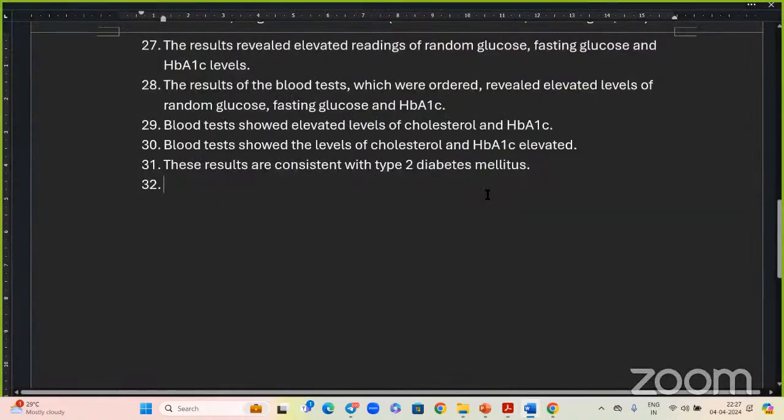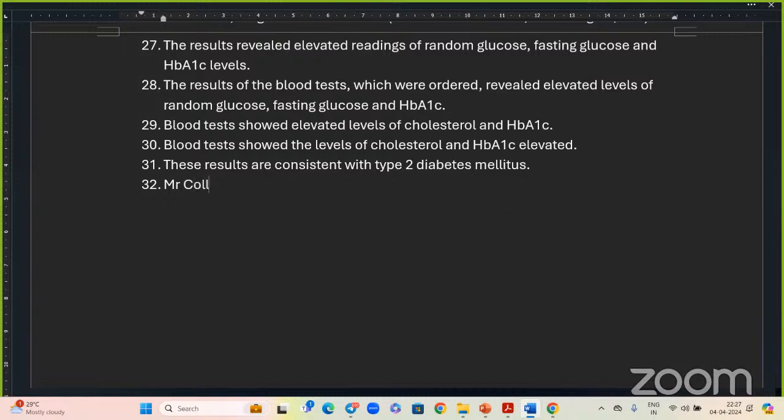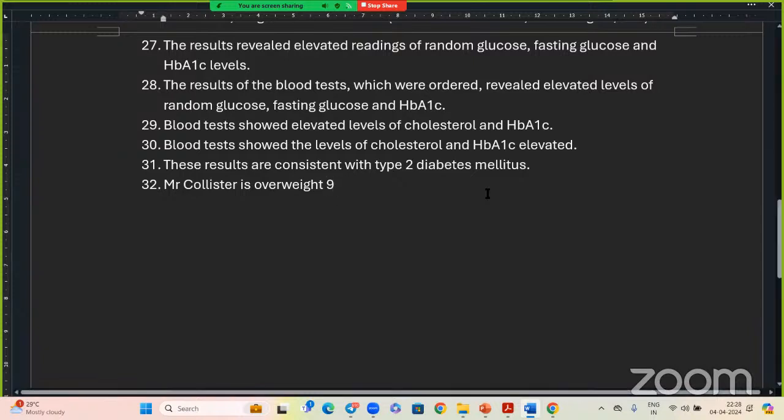So Mr. Polyester is overweight. Mr. Polyester is overweight, bracket, BMI 28.4.